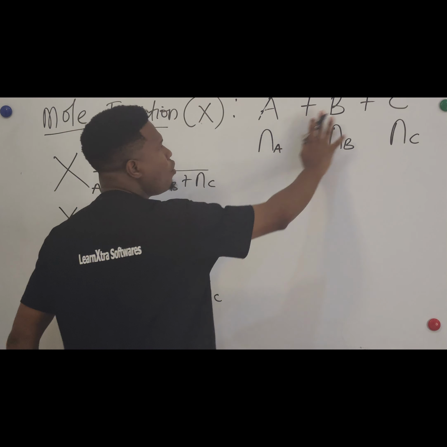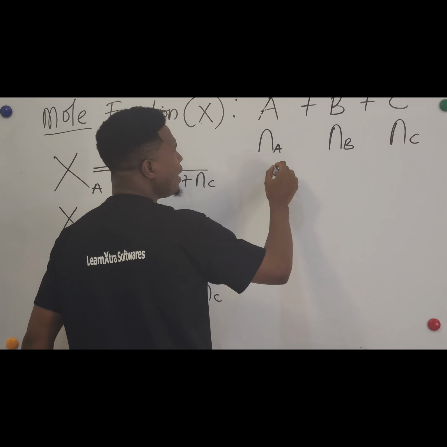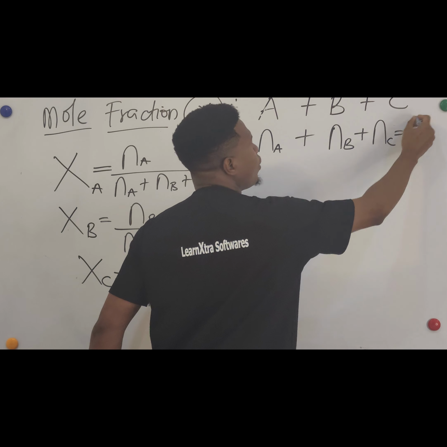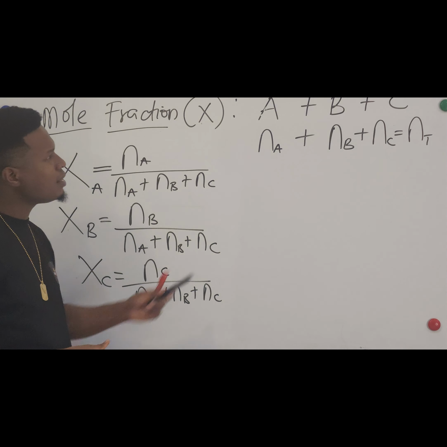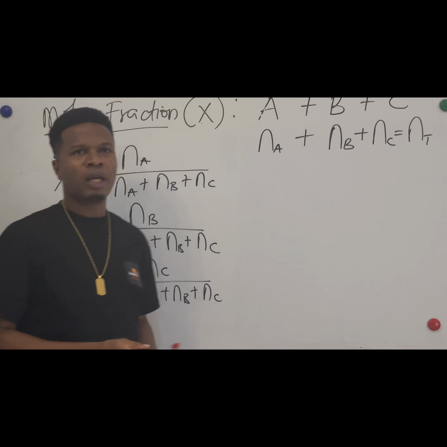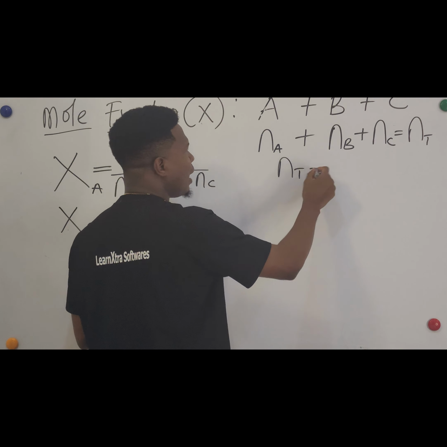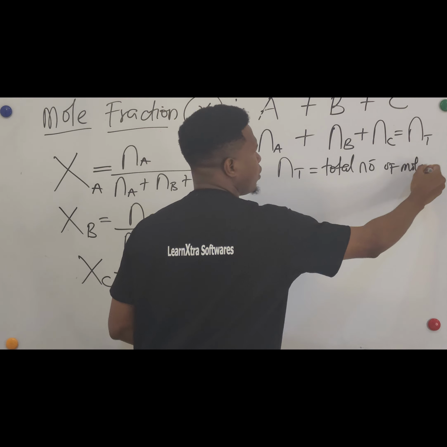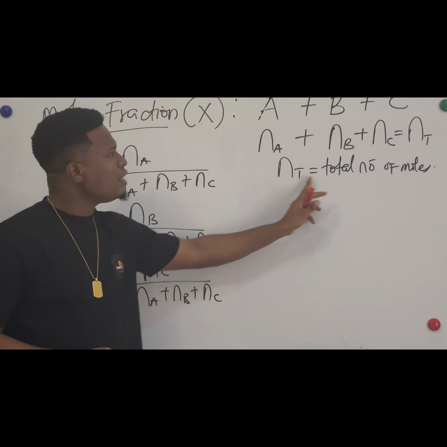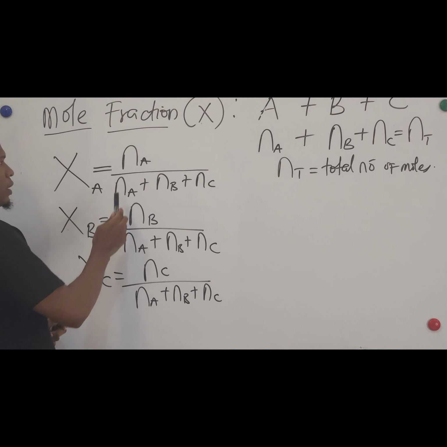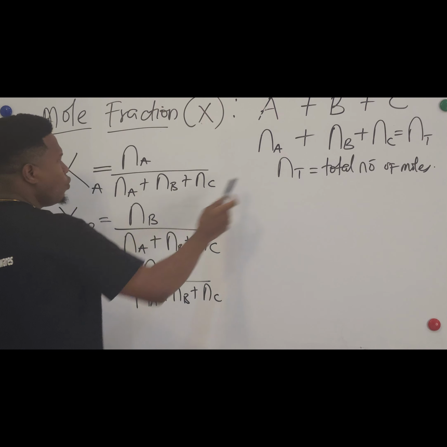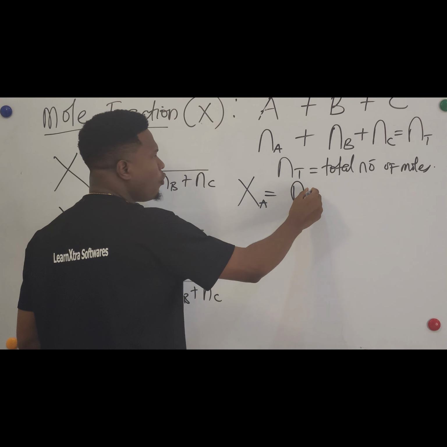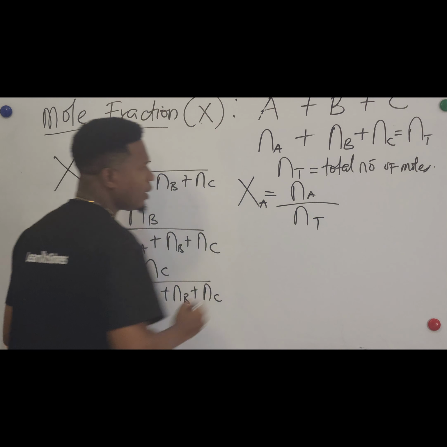Recall that if you sum all of these together, Na plus Nb plus Nc, we can call it N total, where N total is the total number of moles. We can also say that the mole fraction of A is the number of moles of A over N total.